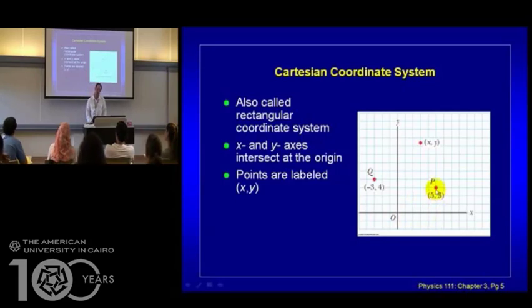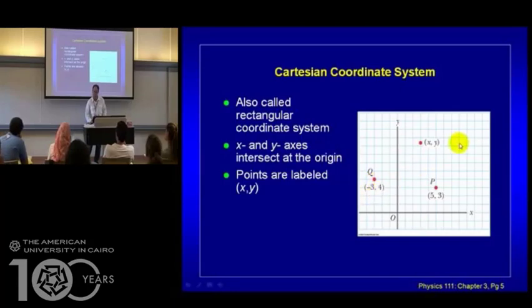That's why we say it's 5 and 3. How about that point, Q? We moved 3 units to the left, which is 3 units along the negative x-axis, and we moved up 4 units. That's why we call that point -3 and 4.